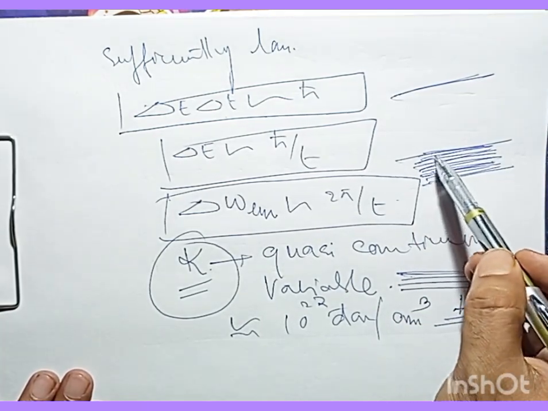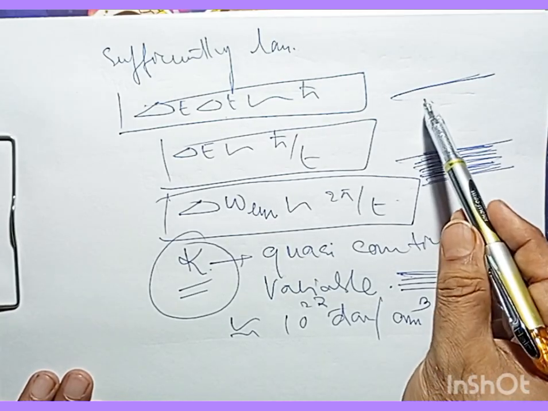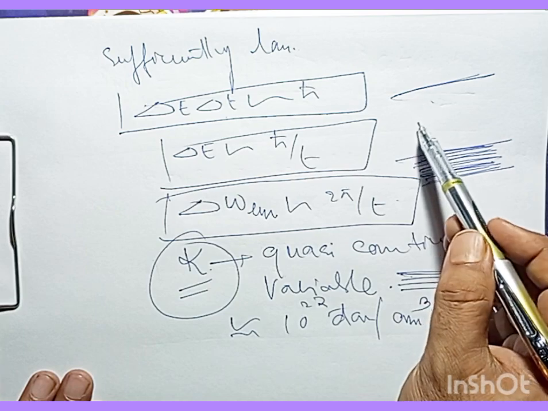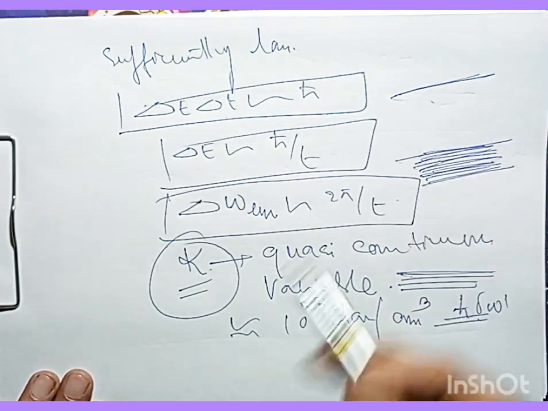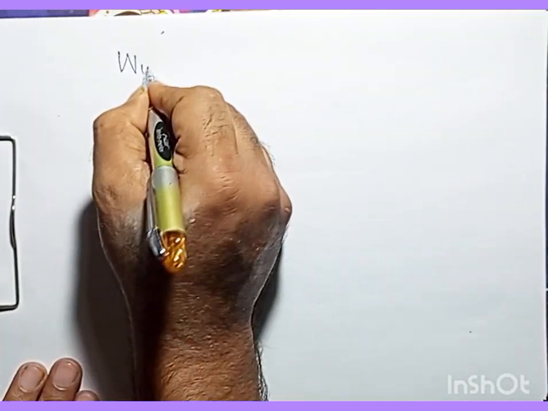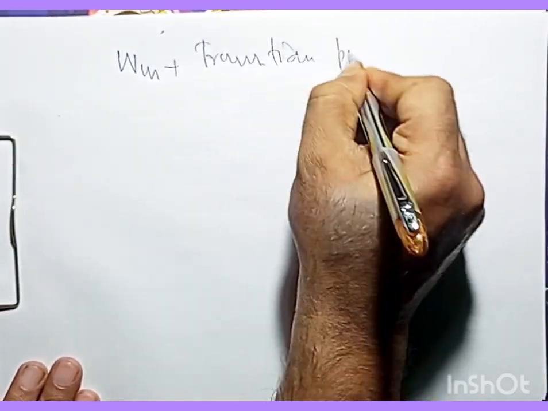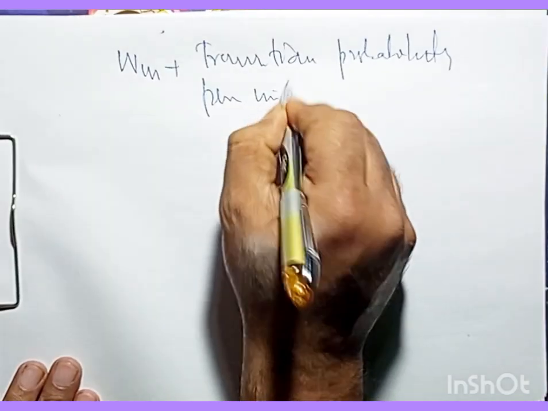So this kind of thing can be thought of, and in doing so, we introduce the concept of transition probability per unit time, and this is symbolized as Wm. So this is transition probability per unit time.